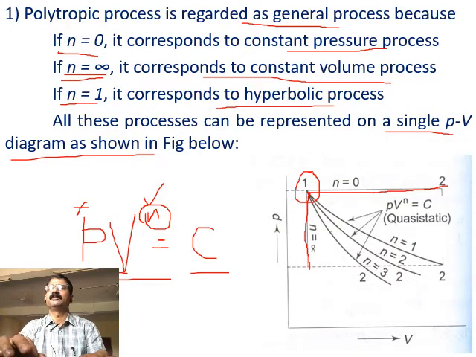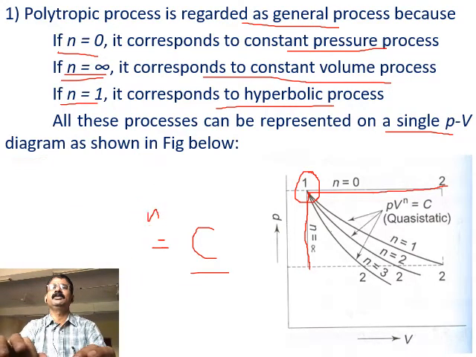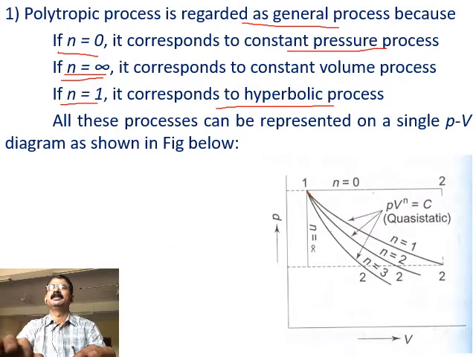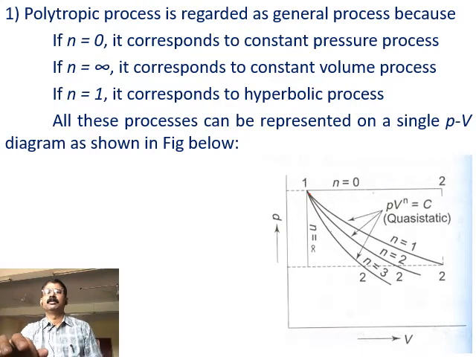Then in between 0 and infinity, you have the lines for n is equal to 1, n is equal to 2 and so on. So this is how you have to represent all these processes on a single PV diagram. That is why PV to the power n is equal to C is regarded as the general process, because by varying the value of n, we will be able to get all other processes.